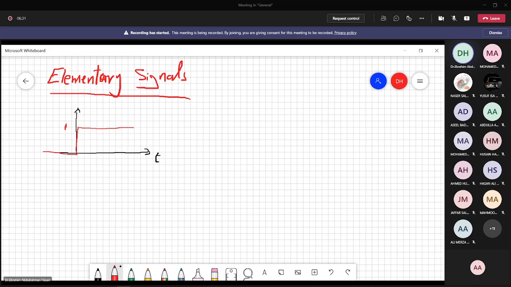So then this one, هذه مثل الدرج صايرة. So it is here, that it jumps here, it could be jump and jump. So then only this one, we call it u of t. Okay, step function. Step function.